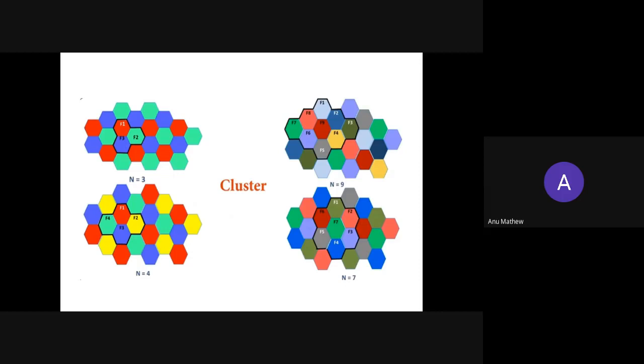If here N is equal to 3, that means the cluster consists of 3 cells. Cluster means all the available frequency band or frequency spectrum is allocated to that cluster, or all the available channels are allocated to that cluster. That means when the number of cells in a cluster is small, the number of channels per cell will be more.